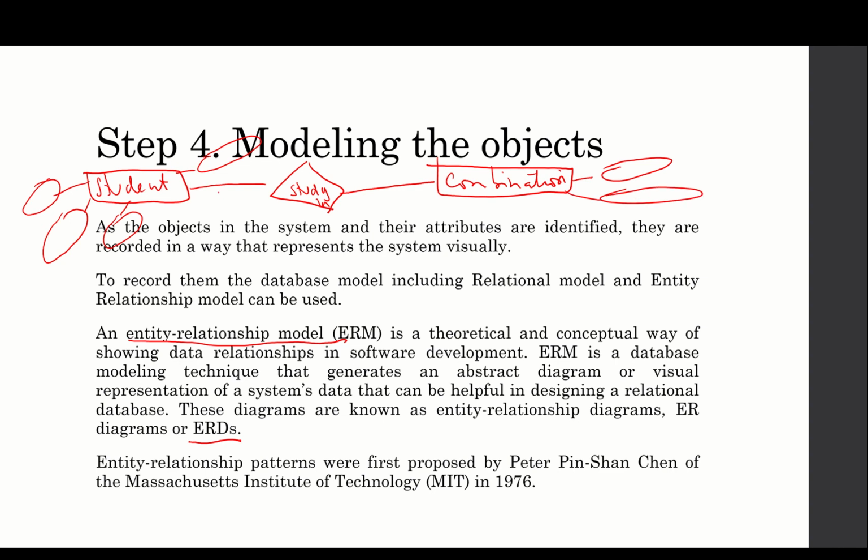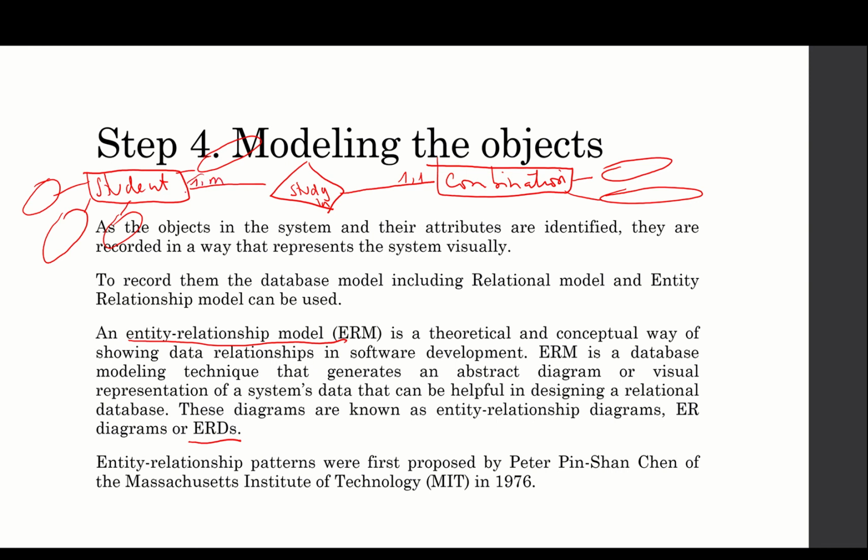And here we'll identify what we call the level of participation. For example, for how many combinations a single student can study in. So we find that a student is studying in one and only one combination, because you can't study in MPC and MPG at the same time. But in each combination, there may be one or many students.